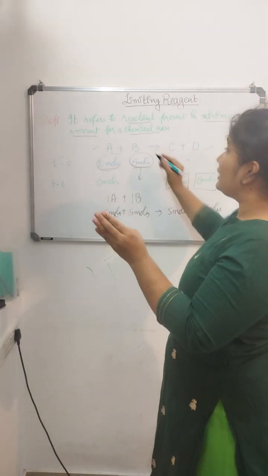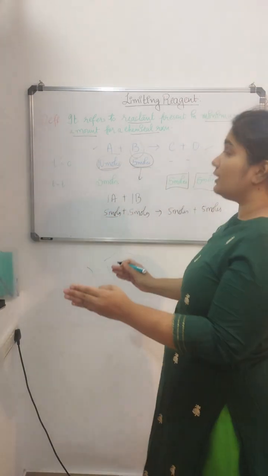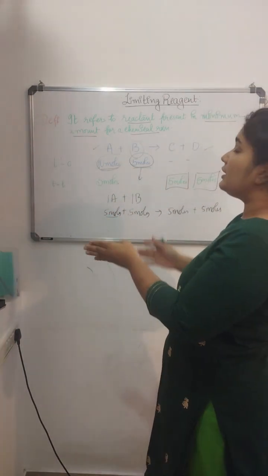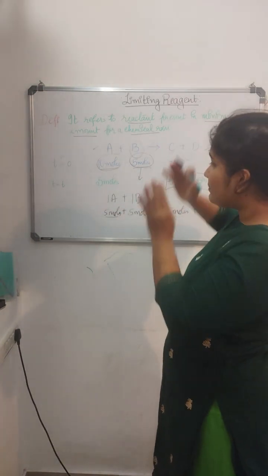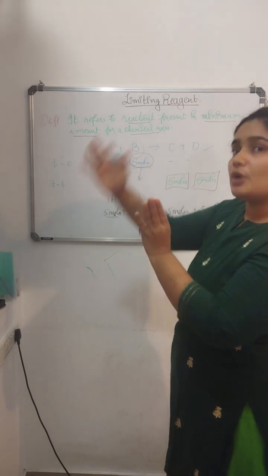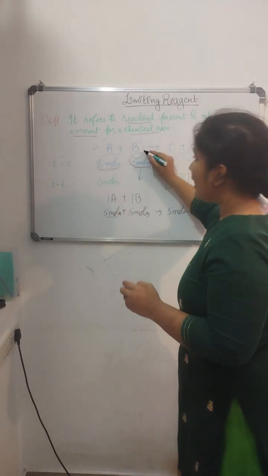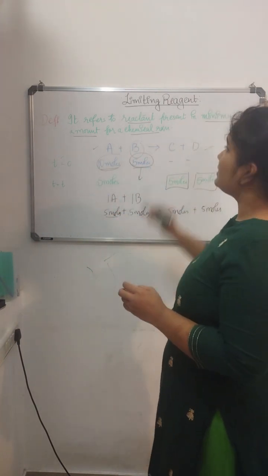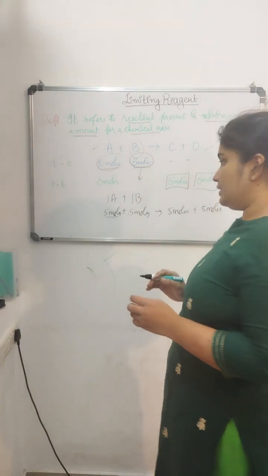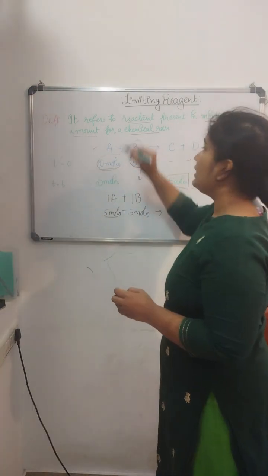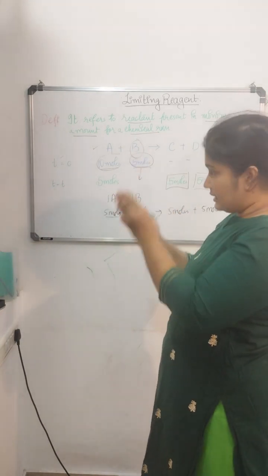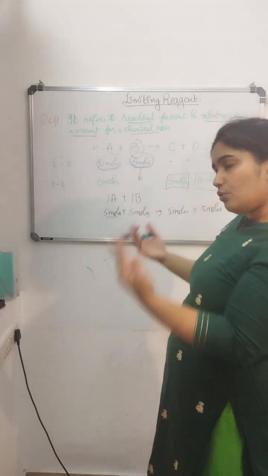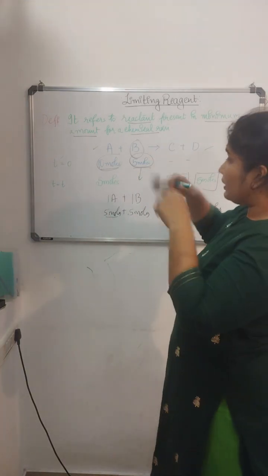So that reactant which is limiting, or which is making the reaction come to a halt, that particular reagent which is limiting the further process of the reaction, we call it the limiting reagent. So in this case, B is my limiting reagent, whose quantity was lesser and which was over first.